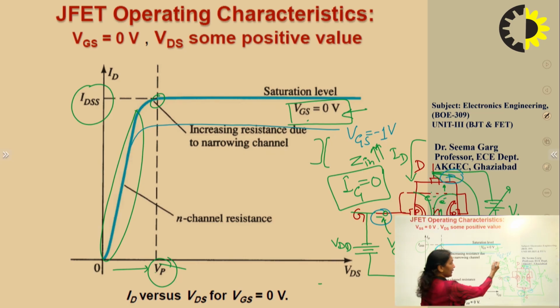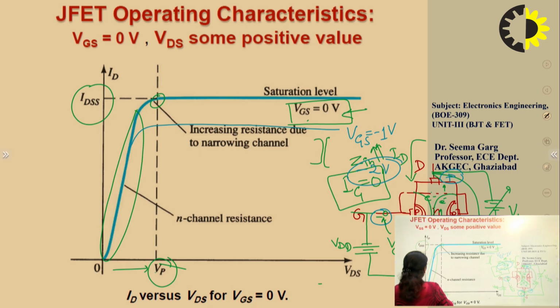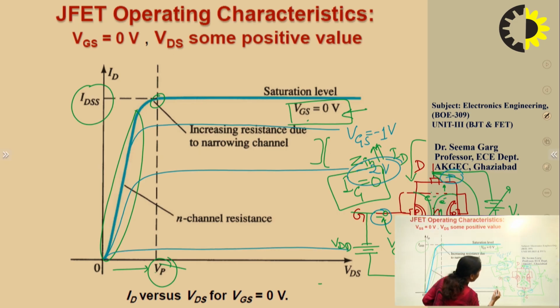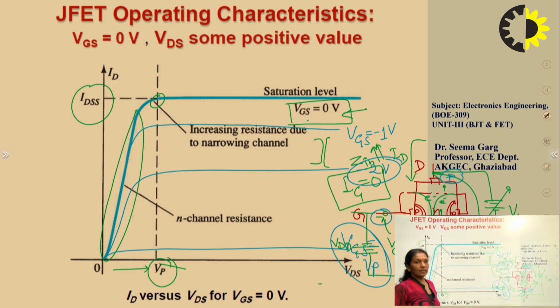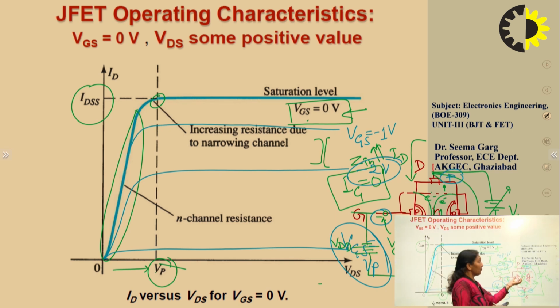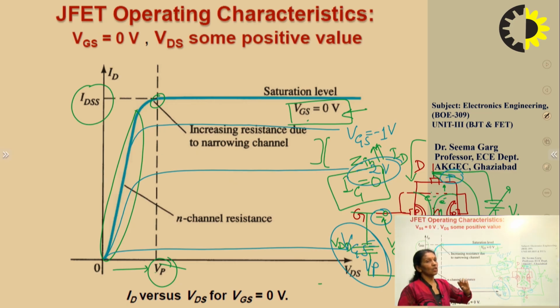Now, further, if you increase this value, let's say it is minus 2 volts, then again the channel will further get reduced and the current through the channel will reduce. As soon as you apply VGS is equal to VP, at that point of time, your depletion region is large enough that they touch each other, they overlap each other, and your junction field effect transistor gets switched off.